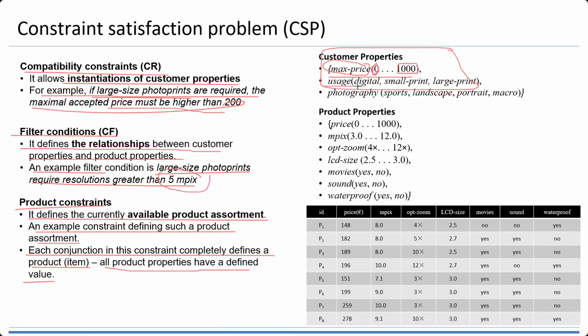And you can define the usage. For example, the usage is only for digital, or I want to print it later for small print, or I want to print the result later for large print. Or I want to have photography which is about sports, or I want to use the camera for landscape, or for portrait, or for macro.